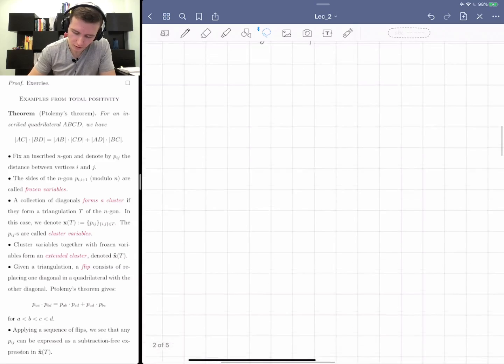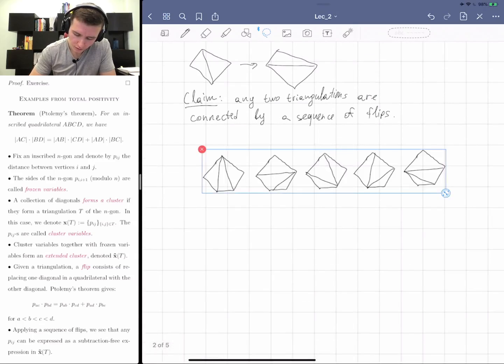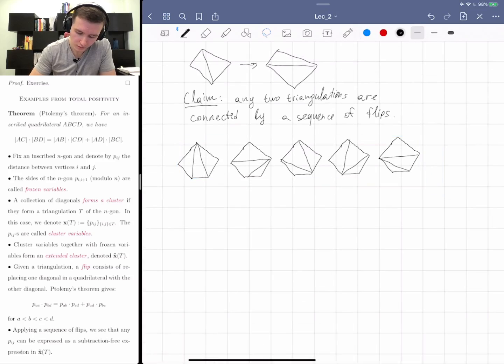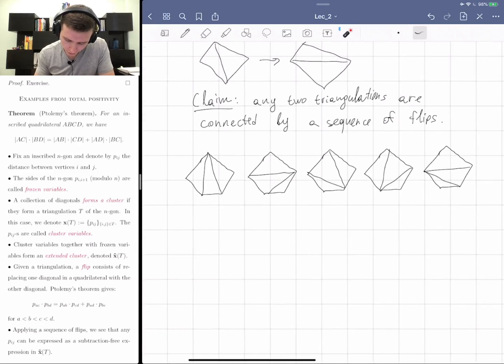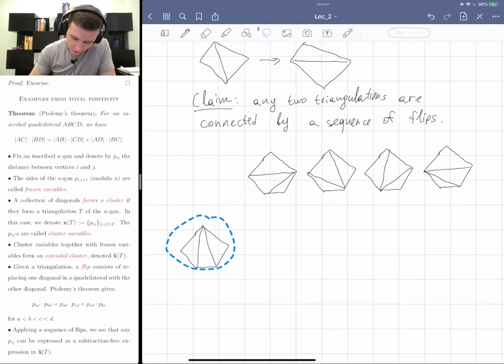They are all... You can take this triangle. Wait, I'm supposed to rearrange these. So from this triangulation, I can go to, let's say, this one.